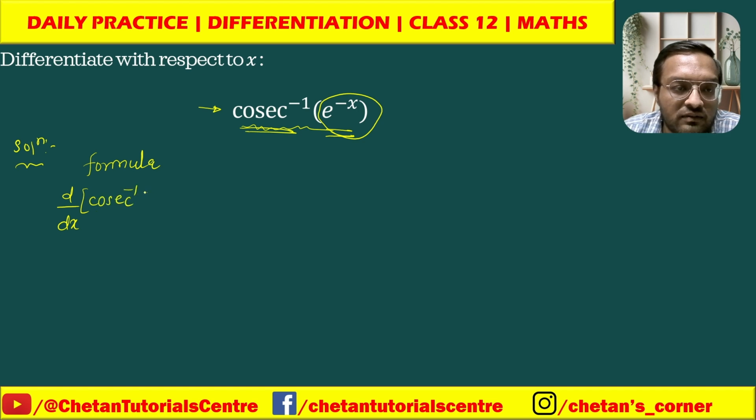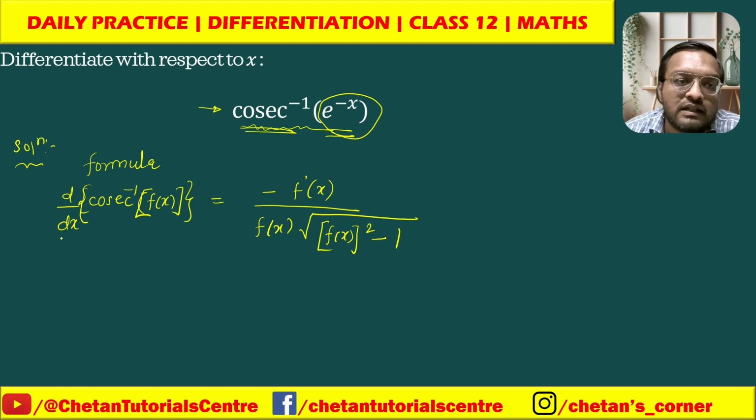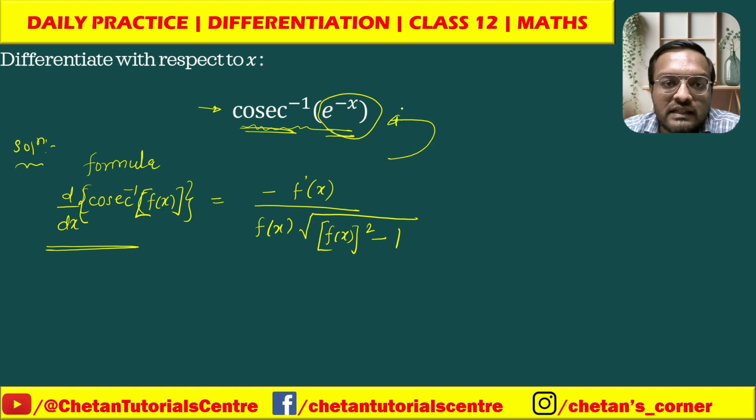Derivative of cosec inverse of f of x is equal to minus f dash of x divided by f of x under root of f of x bracket square minus 1. So in this way, this is the formula that we have to use to differentiate this function.